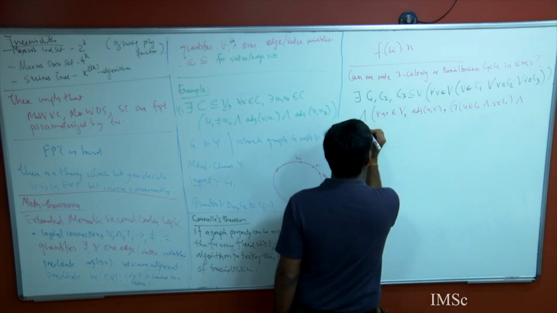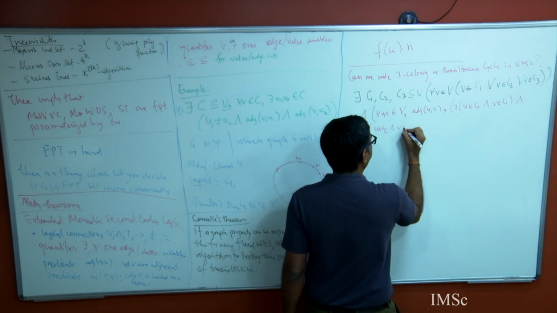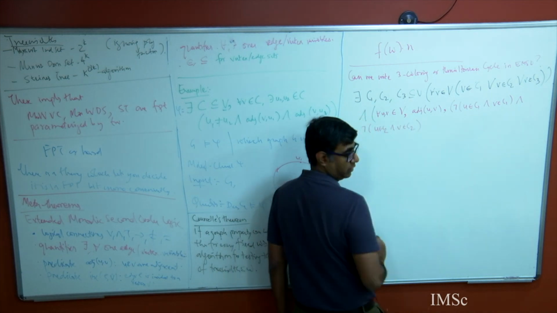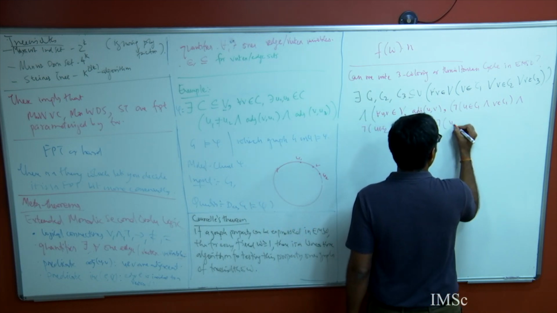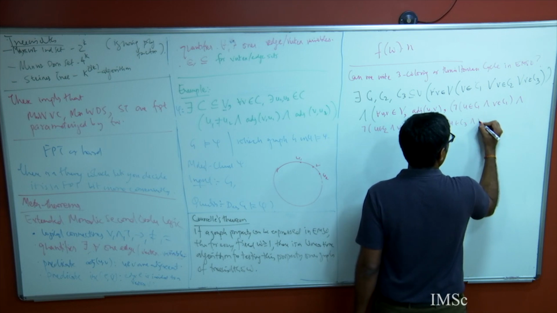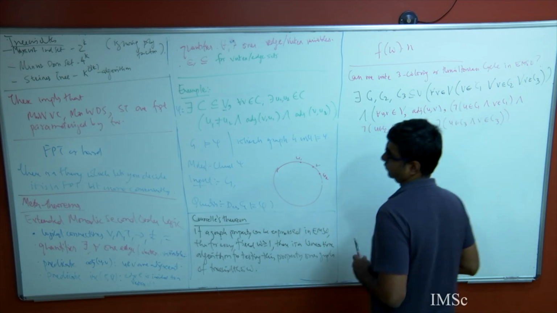Same with C2: u is in C2 and v is in C2 shouldn't happen, and likewise for C3.